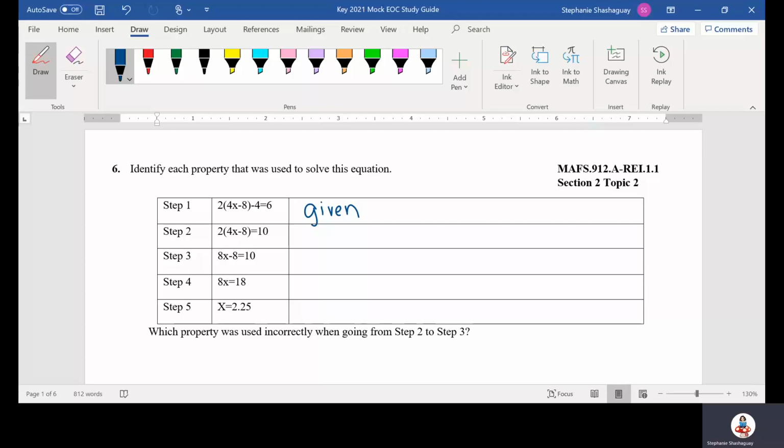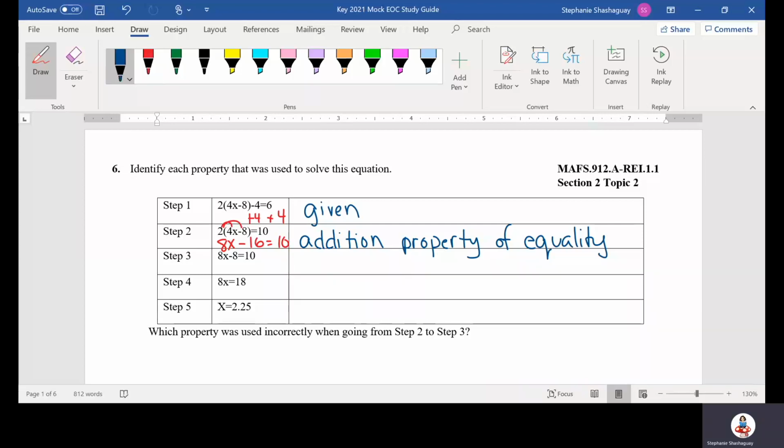To go from step 1 to step 2, what did they do? Well, they added 4 to both sides, so they used the addition property of equality. From step 2 to step 3, they distributed that 2. So 2 times 4x is 8x. 2 times negative 8 is negative 16, and then that was equal to 10.